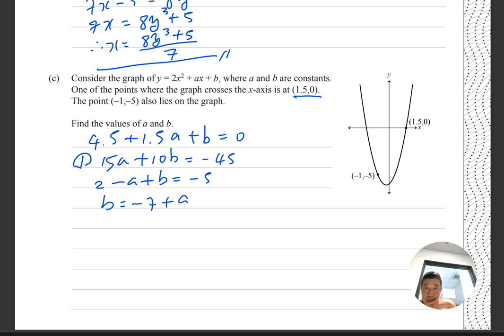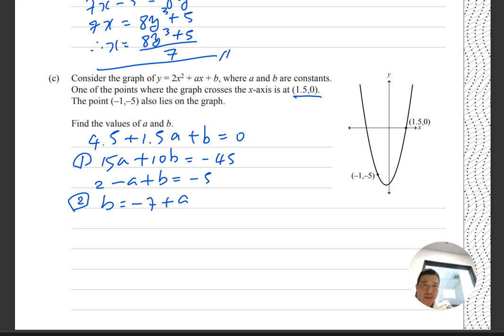It is minus 5. That's right. Minus 1 into x. So 2 minus a plus b equals minus 5. So b equals minus 7 plus a. Yep, that's right. So that's equation number 2.